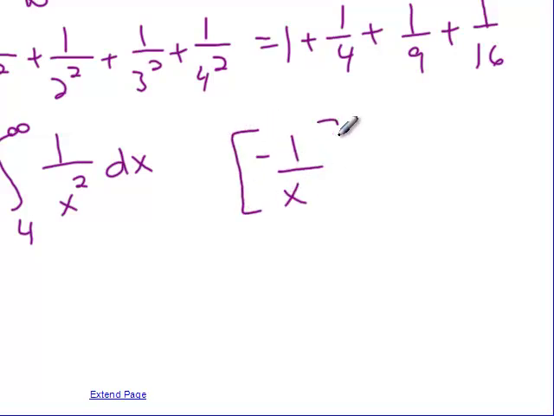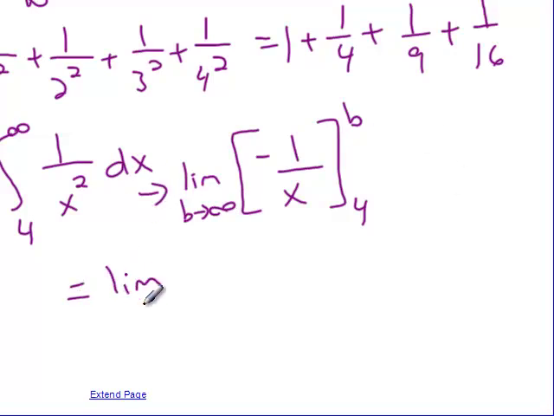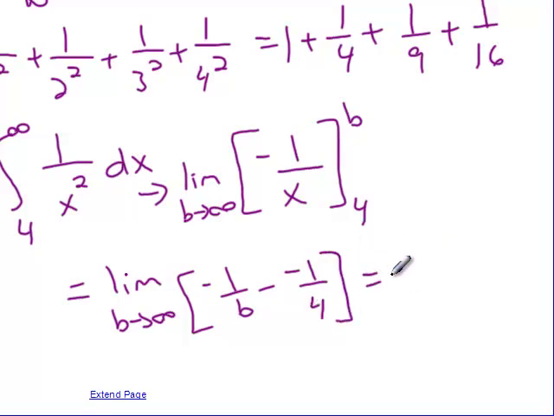And now here we're going from 4 to b, and then we let b go to infinity. So we plug in our b. We get negative 1 over b minus negative 1 over 4. And so as b goes to infinity, that first fraction goes to 0, and we get a value of 1/4. The area under the curve is 1/4.